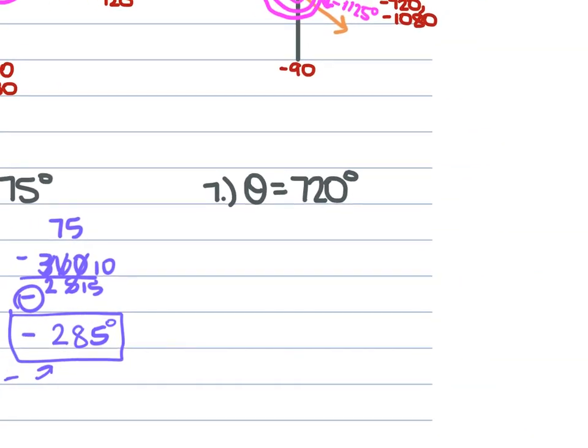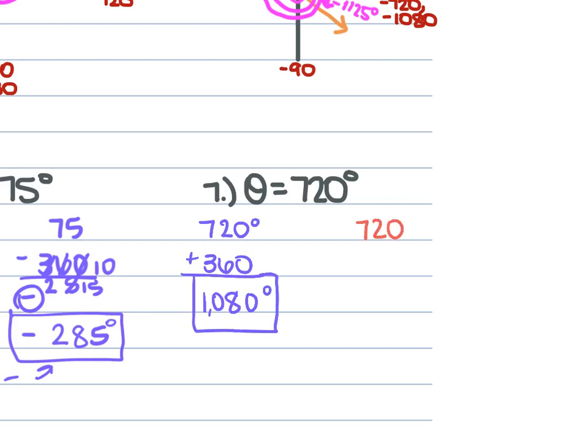For 7, we have 720 degrees. So what we can do with this is we can add the 360 to get our positive coterminal. So the 0 plus 0 is 0, 6 plus 2 is 8, and 7 plus 3 is 10. So 1080 degrees is our positive coterminal angle. Our negative coterminal angle, if we subtract 360 from 720, we get 360.